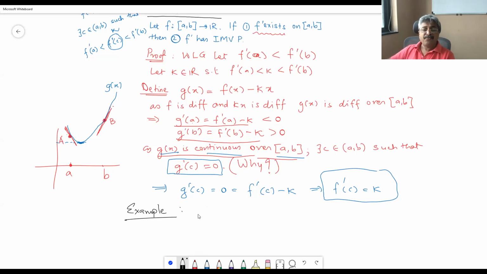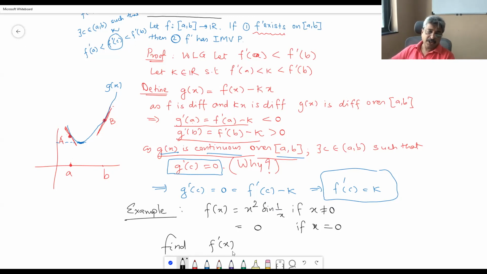Our example is our friend f of x is equal to x square sine 1 upon x if x is not equal to 0, and equal to 0 if x is equal to 0. Now find f dash of x of this function and check its continuity.